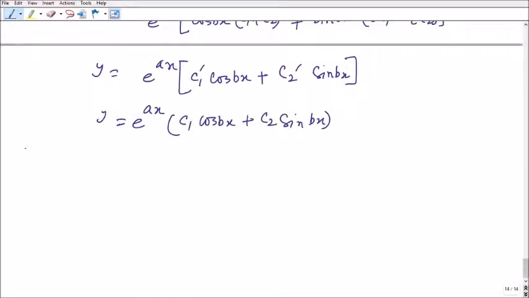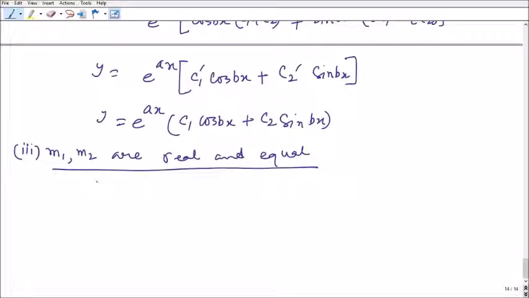Now the third case is when m1 and m2 are real and equal, that means m1 equal to m2. Suppose m. Then the first solution is y1 equal to e to the power m1x, that is e to the power mx.